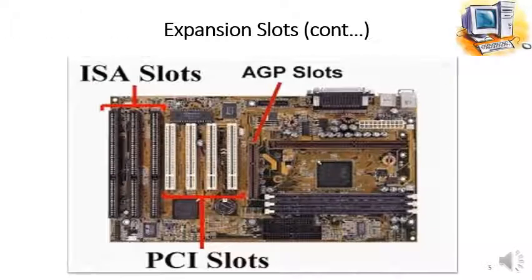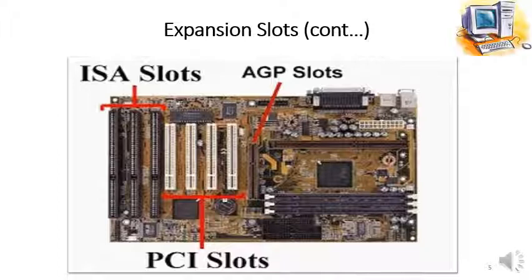This is the picture of a motherboard, and we can see that these three well-known slots are labeled. The slot which is exactly in the middle of this motherboard is called AGP, Accelerated Graphics Port. This slot is used for attaching a graphics card.